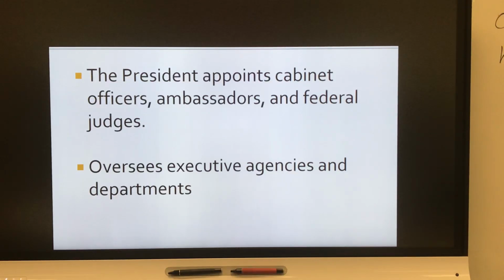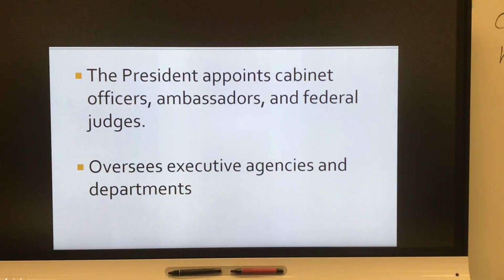These are all groups that are part of the executive branch. If you're looking at the wall, we've got the cabinet, federal agencies, and regulatory groups. The president is in charge of all of those agencies and groups. He's the boss of the entire executive branch, so he oversees the jobs that those agencies are doing.